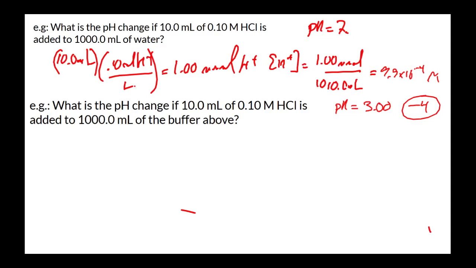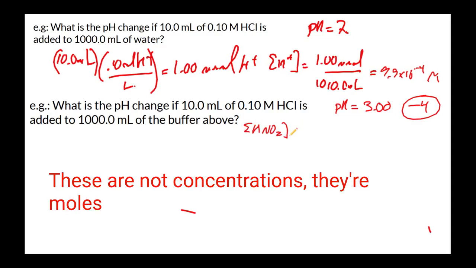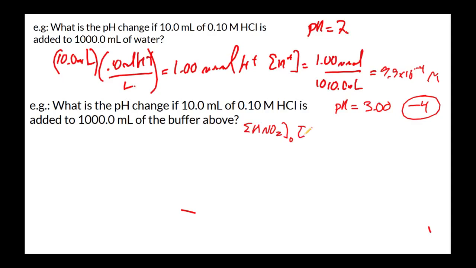Well, if we have 1,000 milliliters of that buffer and we mixed equal quantities, then that means the concentration of HNO2 initially and the concentration of NO2 minus in our buffer initially will be equal to 500 milliliters, because we would have had 500 milliliters of each, times the concentrations that we added, 0.10 moles per liter, and that ends up being 50 millimoles each.